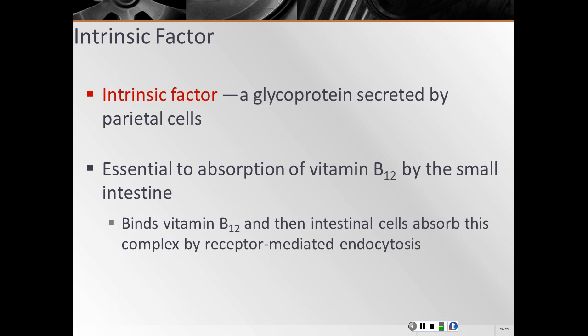Now the intrinsic factor, a glycoprotein secreted by the parietal cells, is essential to the absorption of vitamin B12 in the small intestine. Without vitamin B12, hemoglobin cannot be synthesized, and pernicious anemia develops.